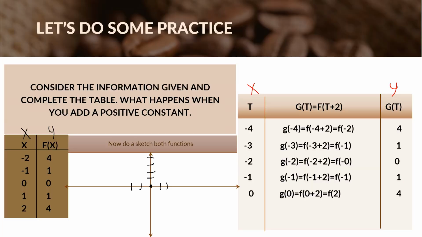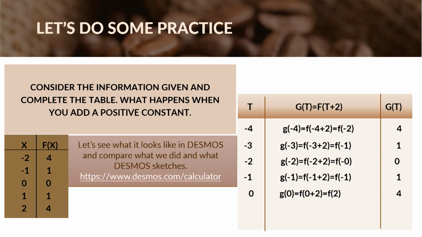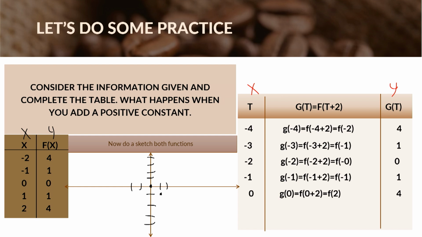I have 1, -1. I have 0, 0. Hold on, Ms. Killen's messing up here. She put it in the wrong place. All right, so we have -2, 4. I have -1, 1. I have 0.